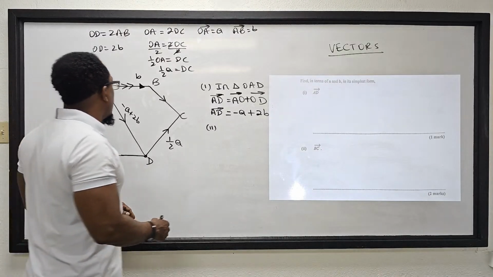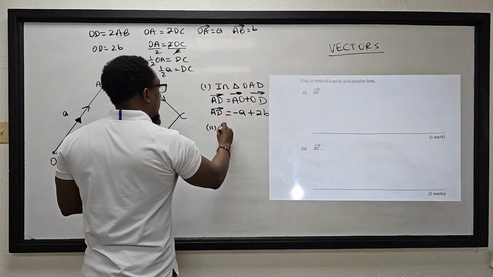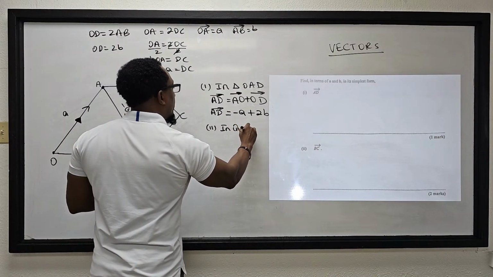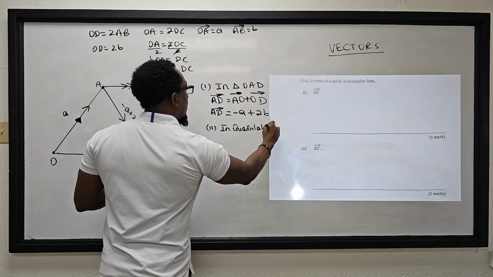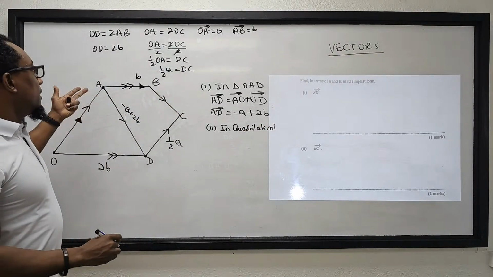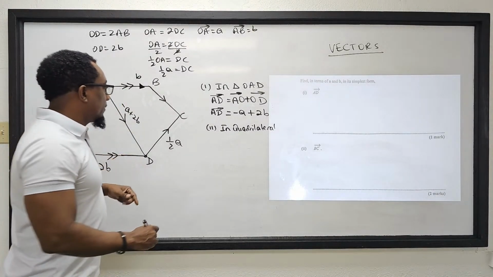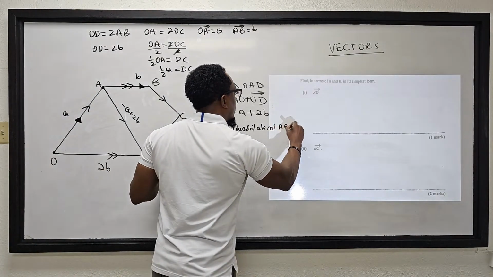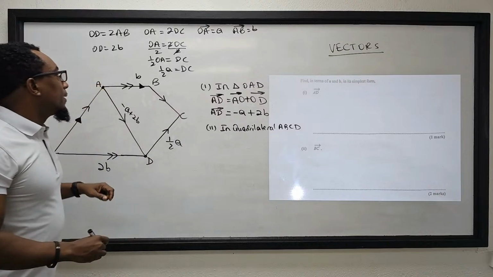So I'm going to say in quadrilateral, I'm going to name it A, B, C, D. Good?